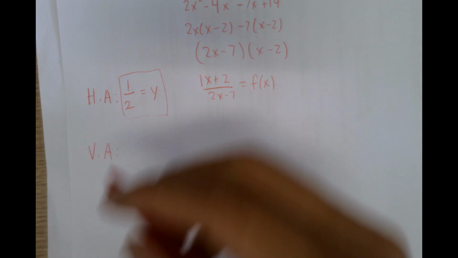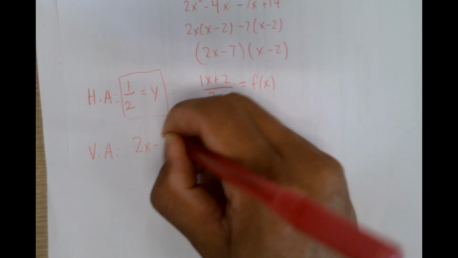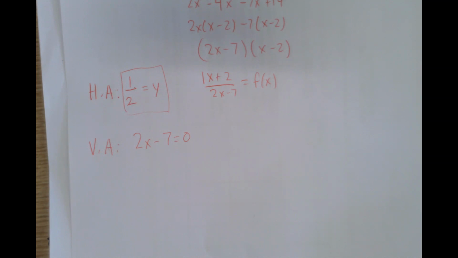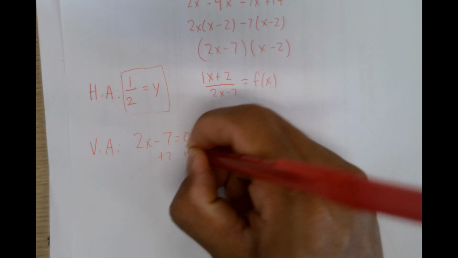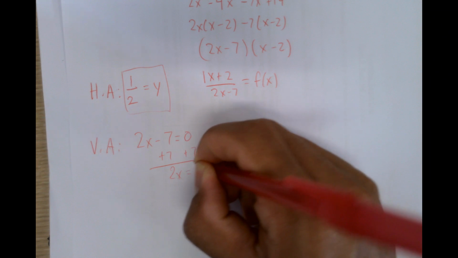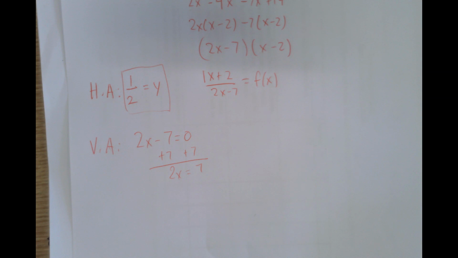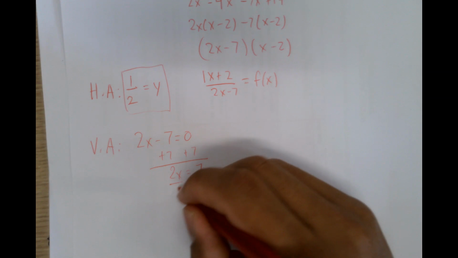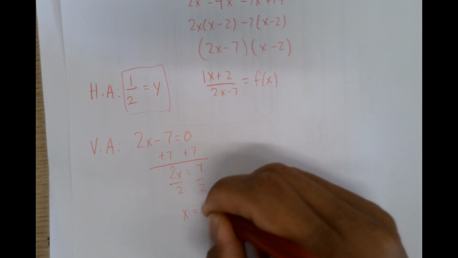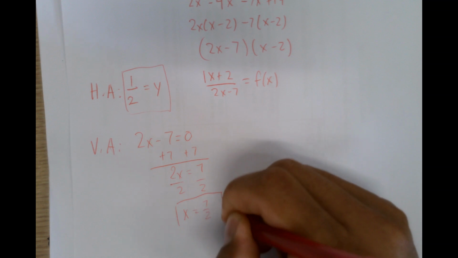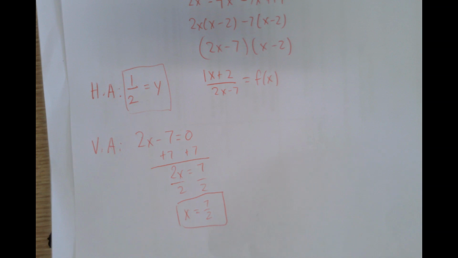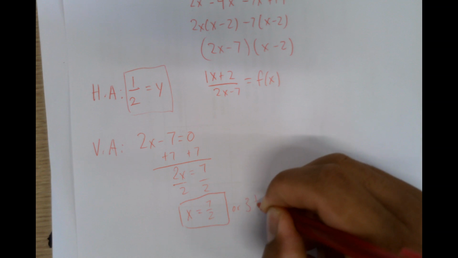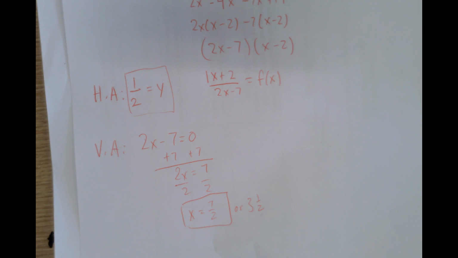Okay, so I write 2x minus 7 is equal to 0, and then? Add 7 to both sides. And then divide by 2. Okay, so our vertical asymptote is x is equal to 7/2, or you could write 3.5. Might be easier to graph 3.5. Probably use a darker pen.